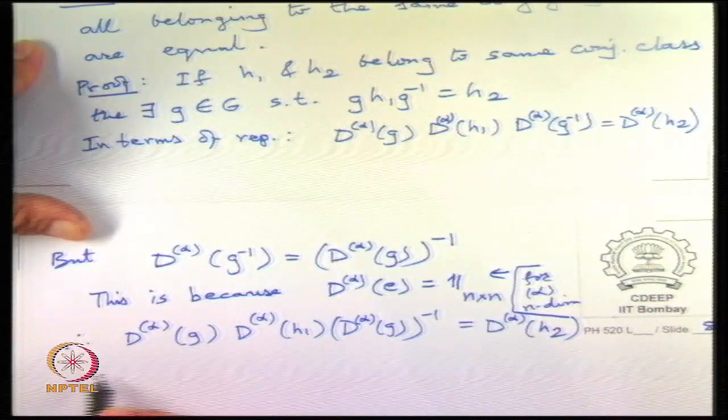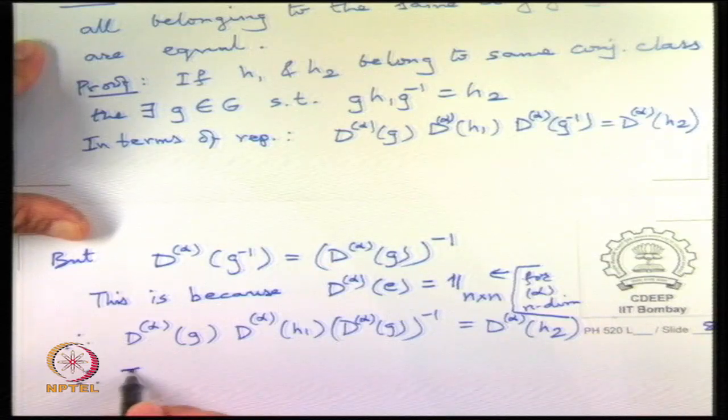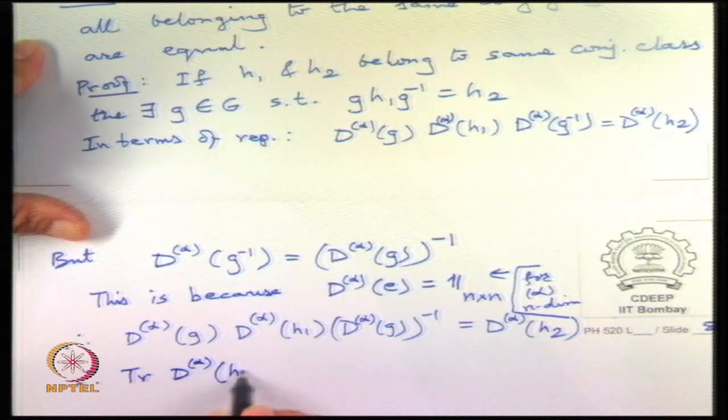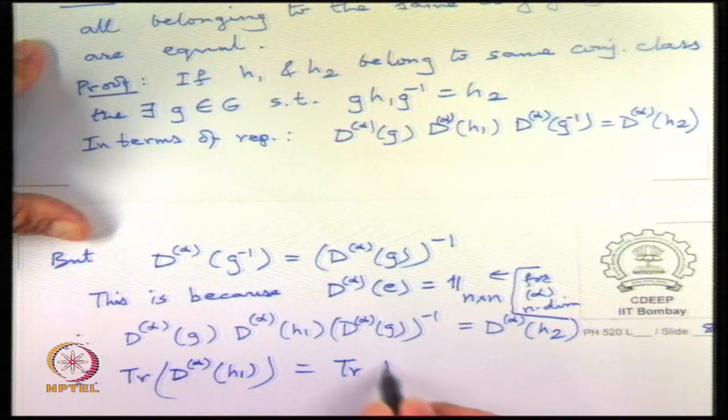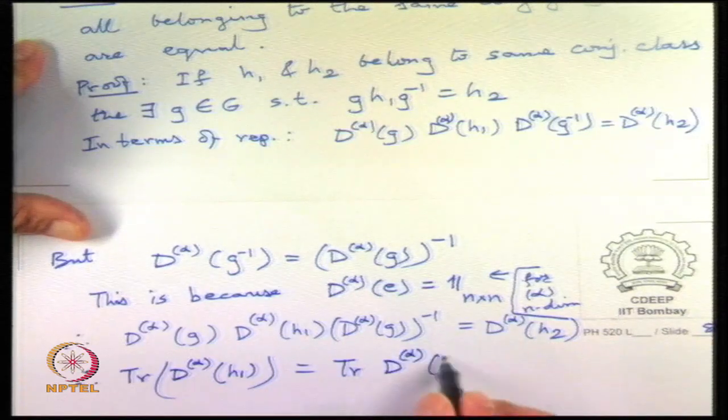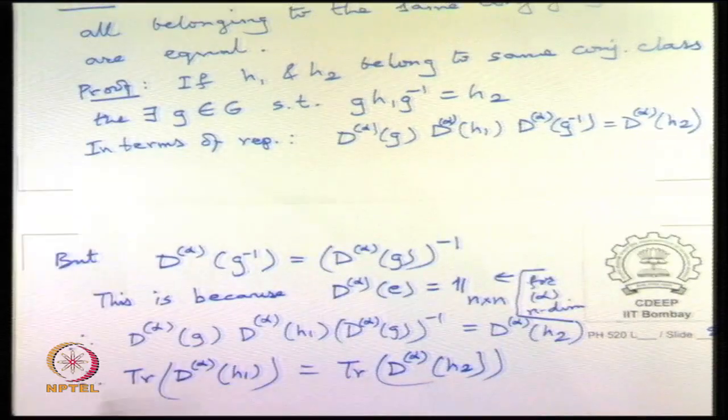If we take the trace, it has to be equal to the trace of the rotated product, because under the trace you can cyclically rotate the matrices, and so you can bring the D alpha inverse to this side.